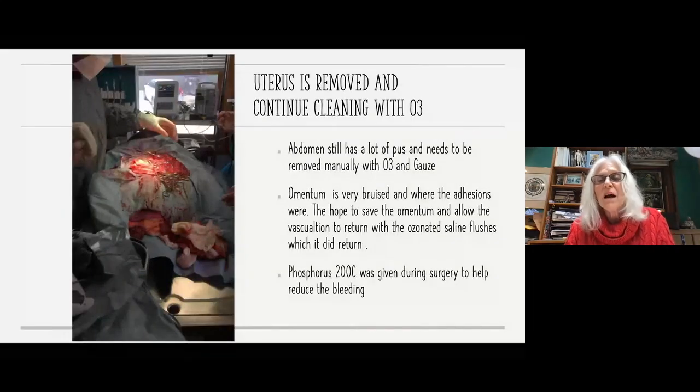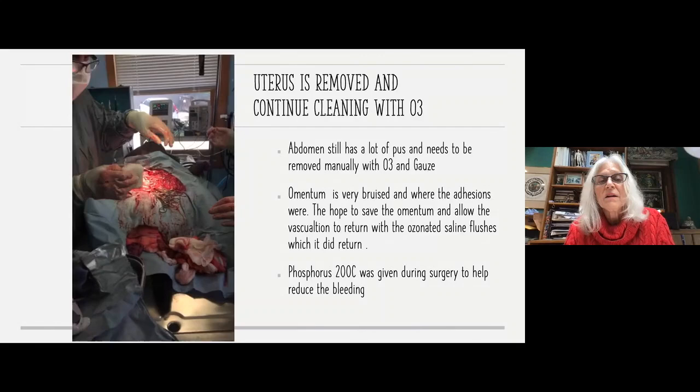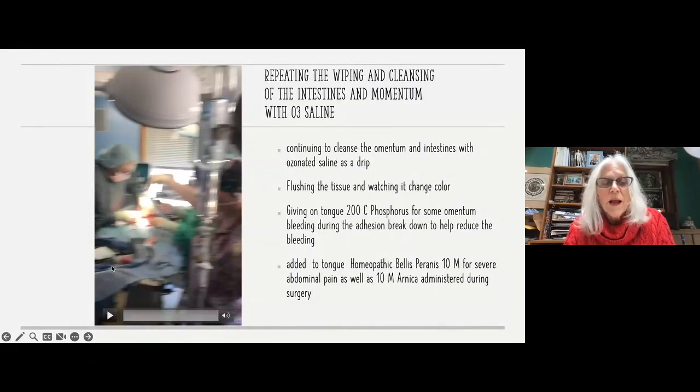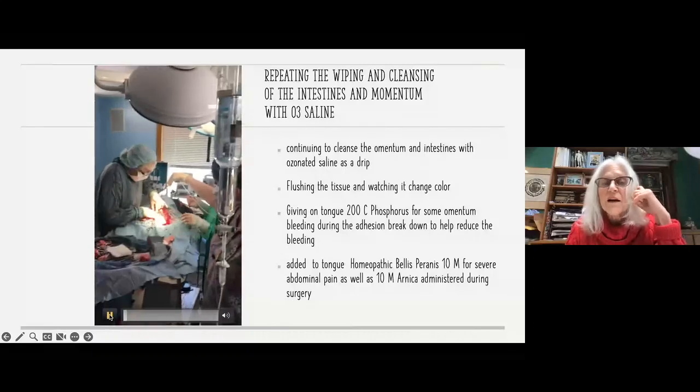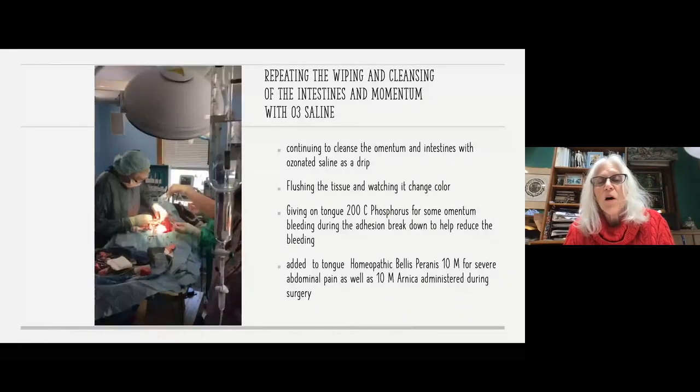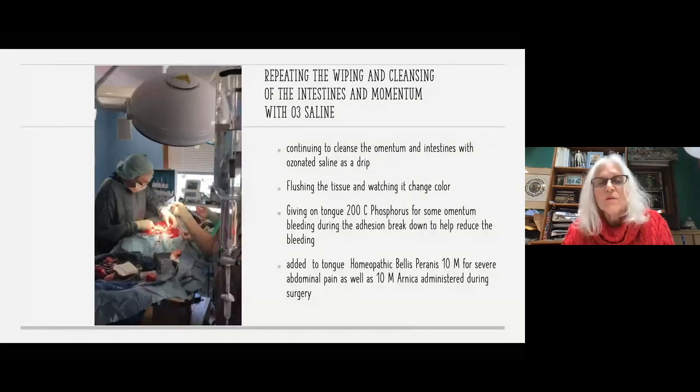And again, cleaning up everything, trying to get rid of any pus anywhere, and we did homeopathics as well. And then repeatedly wiping everything, just trying to clean it up, throwing it right into the abdomen and soaking up with our gauze just to make sure there's no problem.